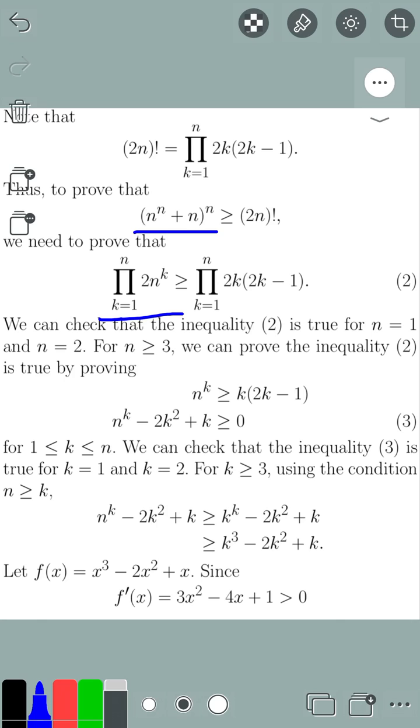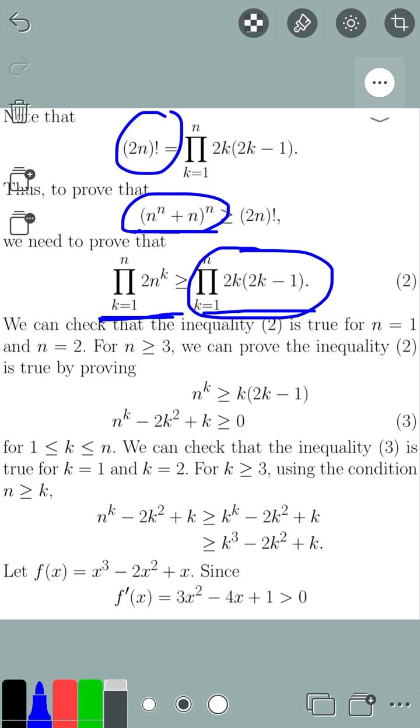And now, if we can show that this product is larger than or equal to this product, which is 2n factorial, then by the transitivity rule of inequality, this thing I'm circling is larger than or equal to 2n factorial. So it's just the transitivity rule of inequality.